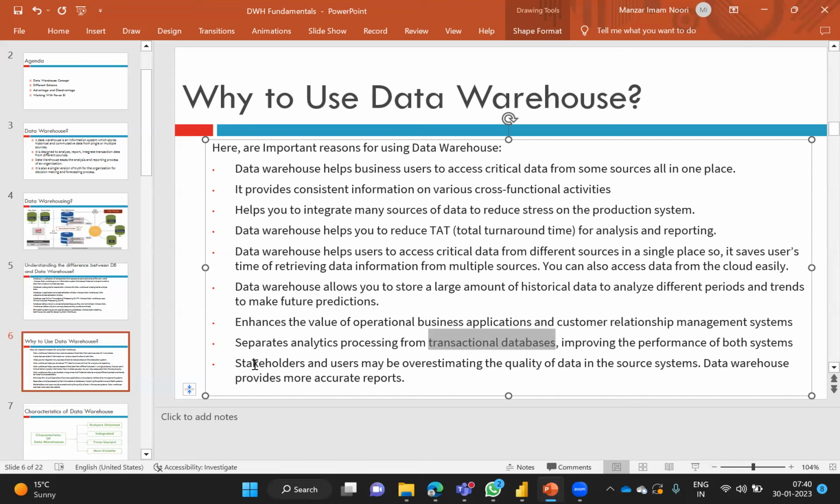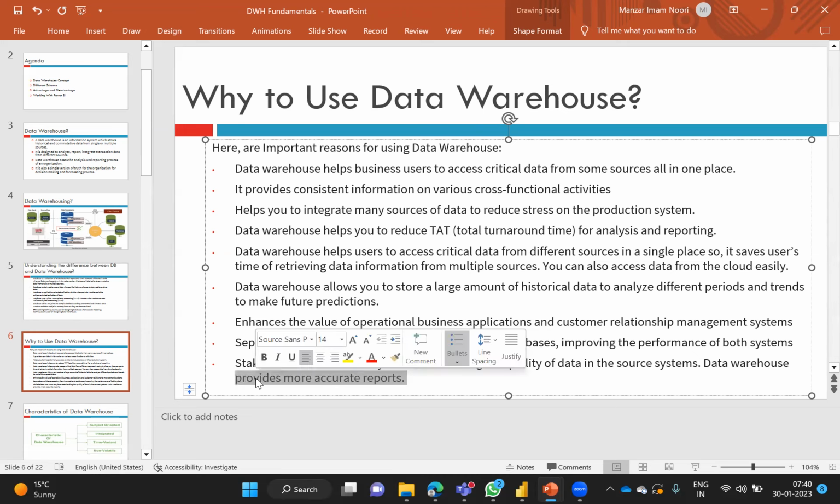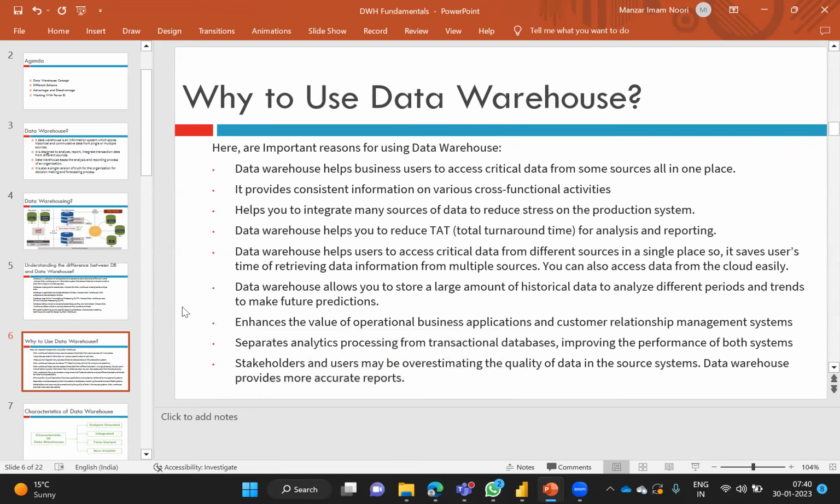Fine. The stakeholders and users may be overestimating the quality of data in the source systems, right? A data warehouse provides more accurate reports. While we have the data in one place, we also put rules in place so that the data quality is corrected, right?